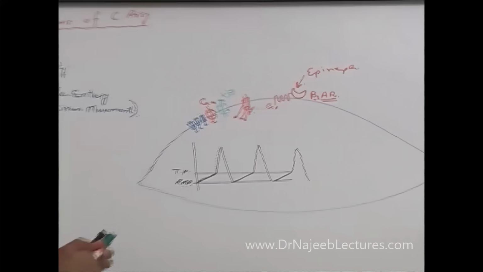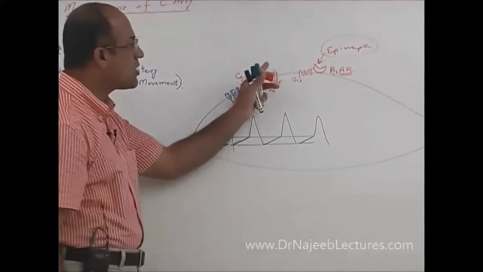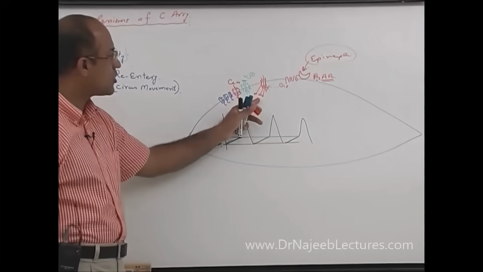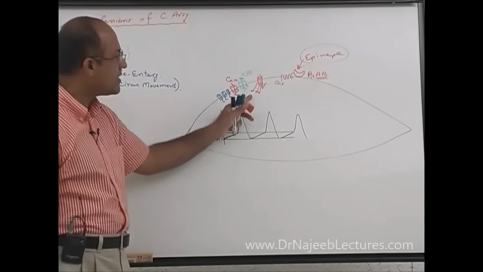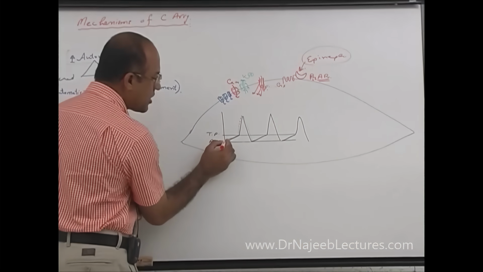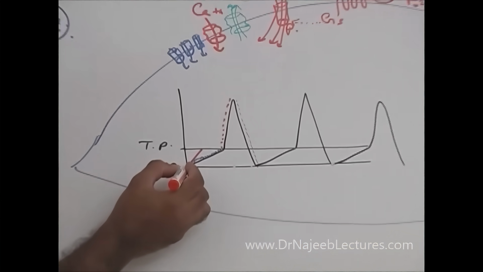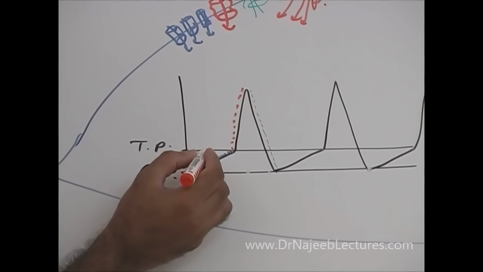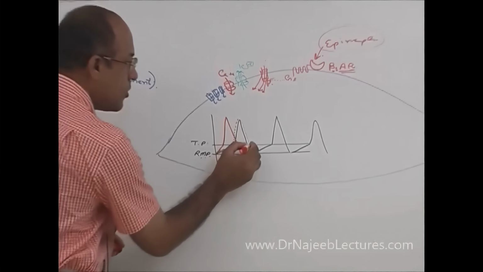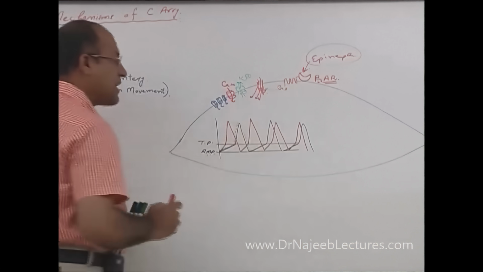So we can say when epinephrine acts on this automatic tissue, it loads that tissue with extra cations, or with calcium, and this added calcium which comes into the cell helps the cell move from the resting membrane potential to the threshold potential more rapidly, and there is more frequent production of action potentials.